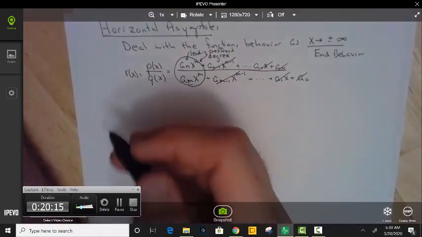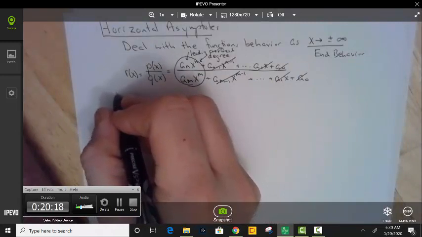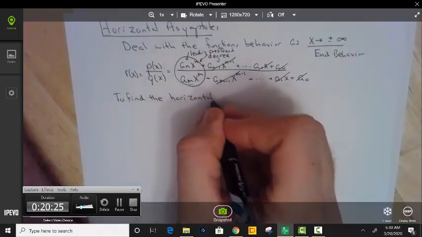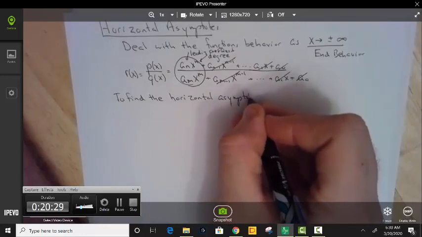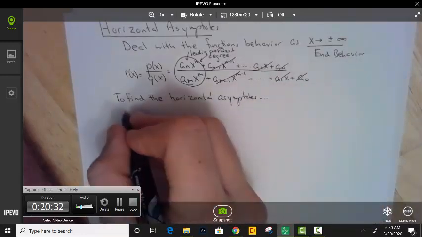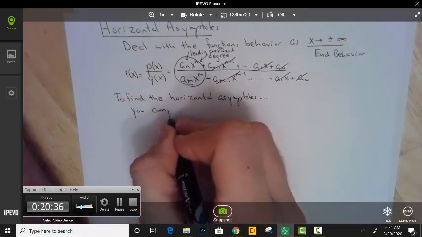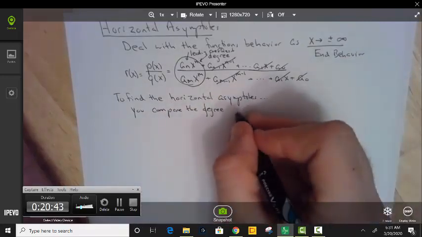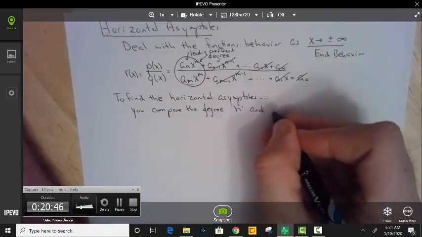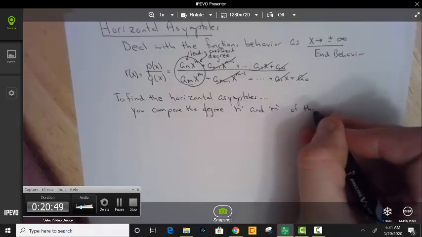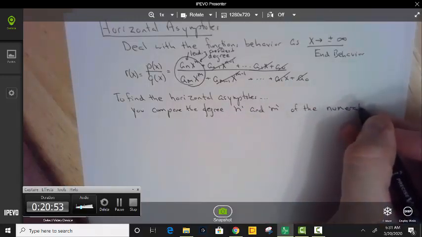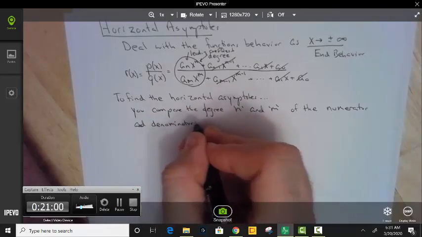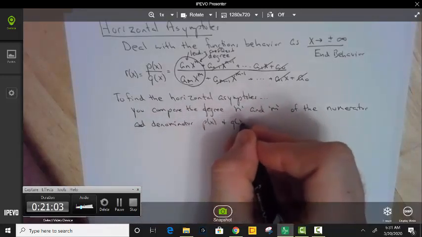Okay, so here's how this works. To find the horizontal asymptotes, you compare the degrees n and m of the numerator and the denominator, p of x and q of x.